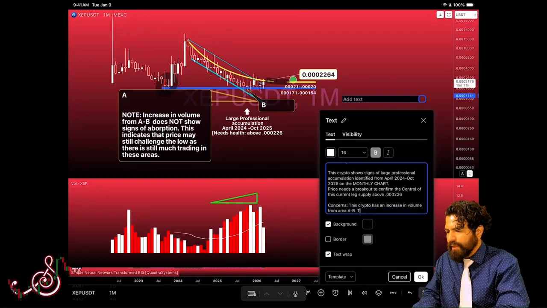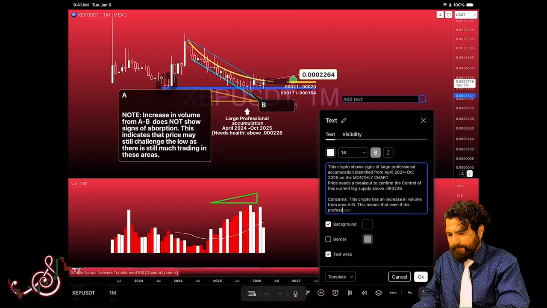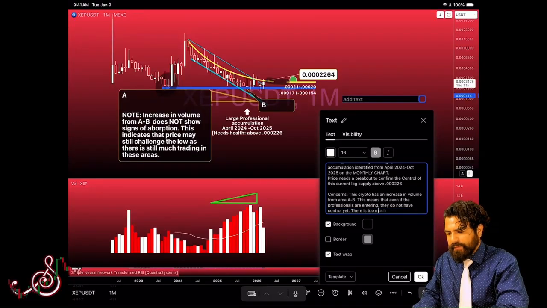Concerns. This crypto has an increase in volume from area A to B. This means that even when the professionals are entering, they do not have control yet. There is too much trading at these areas.